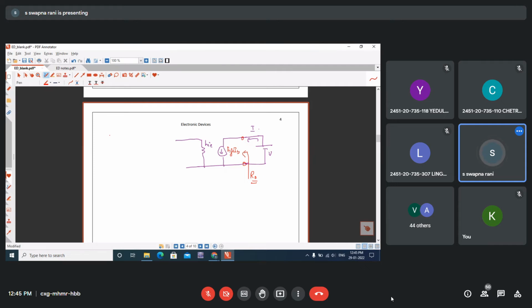It means that if there is no resistance across a current source, then the impedance we are seeing is infinite. So R0 is treated as infinite impedance.